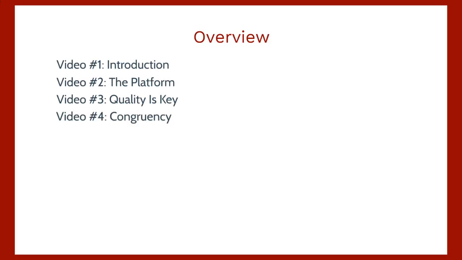Now, what that entails is congruency, which is what we're going to talk about in video number 4. Congruency basically means that everything is consistent, from the images attracting the right person, to getting them over to the content and giving them exactly what they want and desire and the reason for the click in the first place.